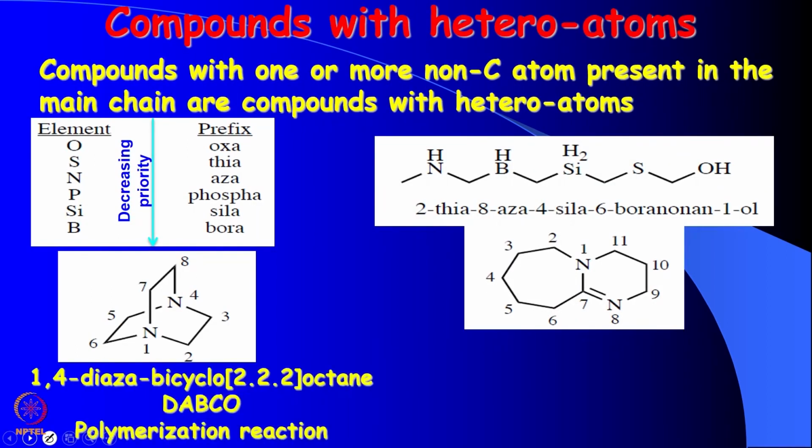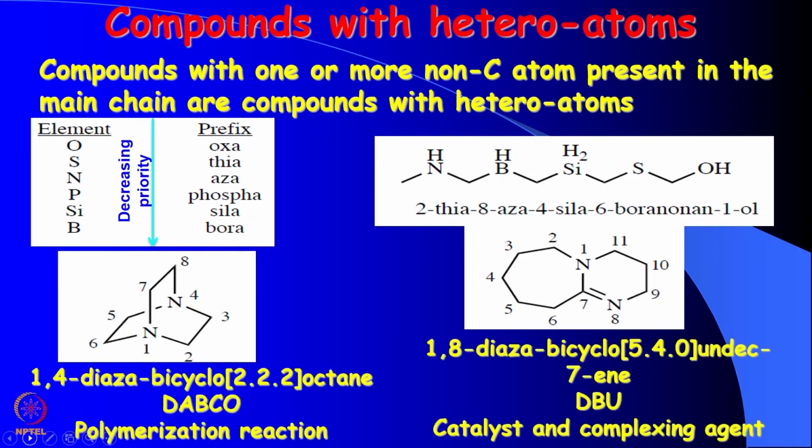The last type of compounds that I would like to touch on are the compounds which contain atoms other than carbon, hydrogen, nitrogen, oxygen, for example, boron, silicon, phosphorus, etc. When you have this kind of substitution, we have different prefixes for different elements, and here is one example, a very well known compound, DABCO, used in polymerization reactions.